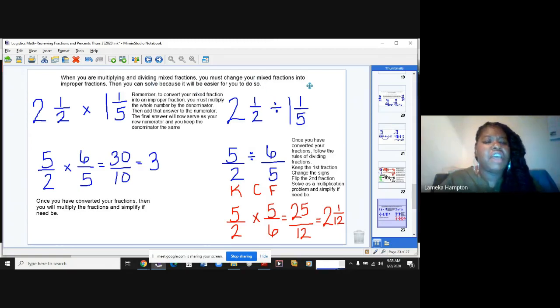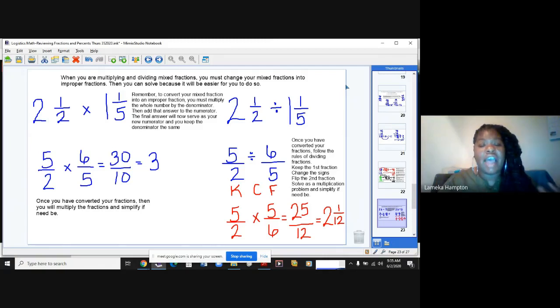It says when you are multiplying and dividing mixed fractions, you must change your mixed fractions into improper fractions. Then you can solve, because it will be easier for you to do so. That was what I was referring to earlier, that there are technically several ways that you can solve these problems.